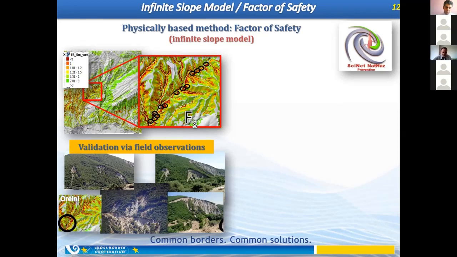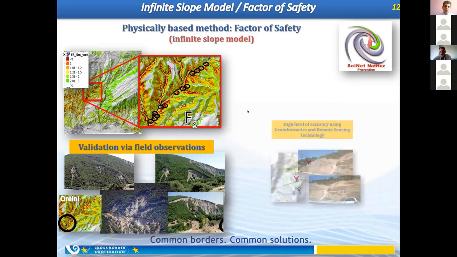As you can see, we got enough red colors all along this area, and the circles correspond to the pictures just beneath, where you can see for yourselves that there are slopes that are really unstable, and the infinite slope model was able to depict them.